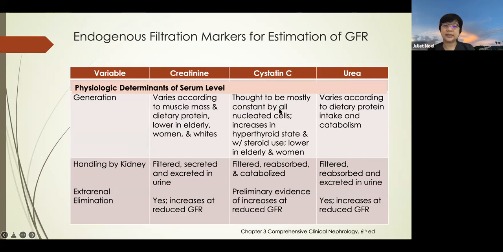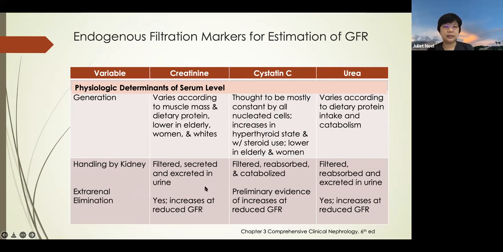Whereas cystatin C is thought to be mostly constant across all nucleated cells. It increases in hyperthyroid state or with steroid use, and lower in elderly and in women. Urea nitrogen, as I mentioned, would vary based on the intake of protein and the state of hydration.